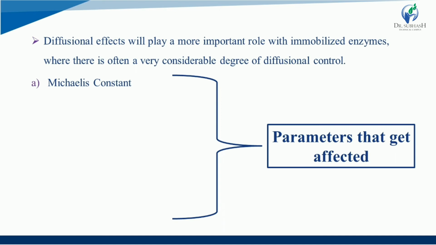Now, if we see further how this is affected, immobilization of enzyme can result in an increase or decrease in the Michaelis constant, and this reflects the affinity between the enzyme and substrate. So you will know the affinity, how strong the enzyme substrate bond is. If there is a decrease in the value, you must understand that it will lead to a faster rate of reaction than its soluble native form.